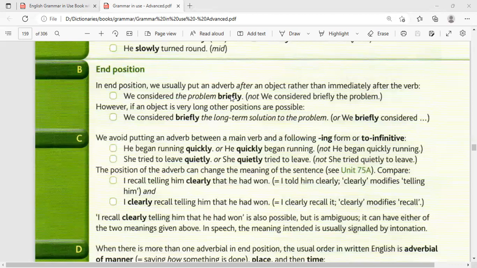In this case, we can use the adverb directly after the subject. We can say we briefly considered. Or we can say we considered briefly. Why here, Hannah?